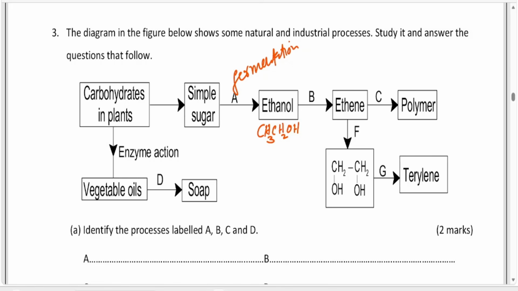Ethanol is passed through another process that leads to formation of an alkene, which is ethene, and it is done in presence of a temperature of around 180 degrees Celsius, and a drying agent which is concentrated. So here we have condition of 180 degrees Celsius, and we also need concentrated sulfuric acid that leads to formation of ethene.